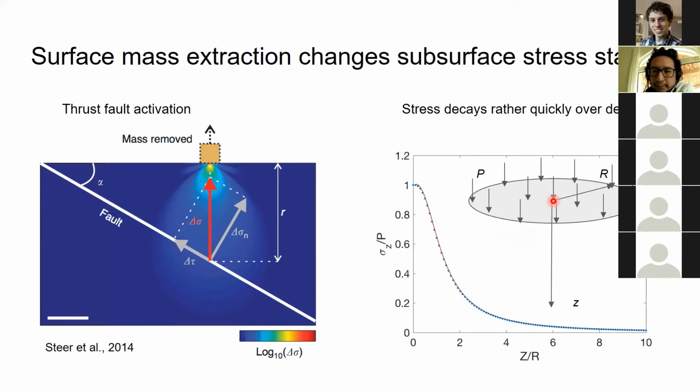The stresses decay rather quickly over depth and also as a function of distance away from the patch. What's showing on the right is the vertical stress as a function of depth normalized by the surface pressure change. And this depth is normalized by the radius of the circular patch. As you can see, it decays rather quickly.